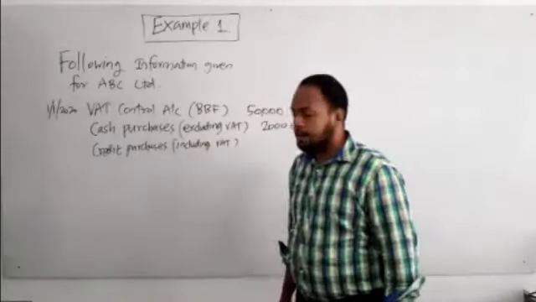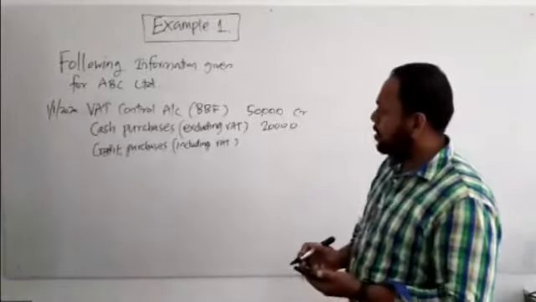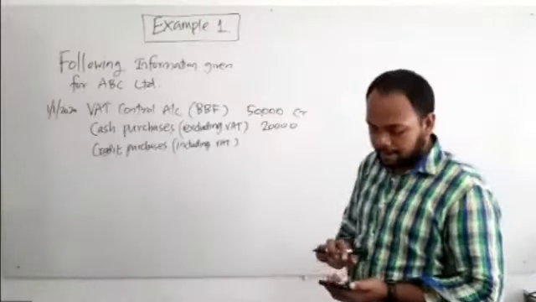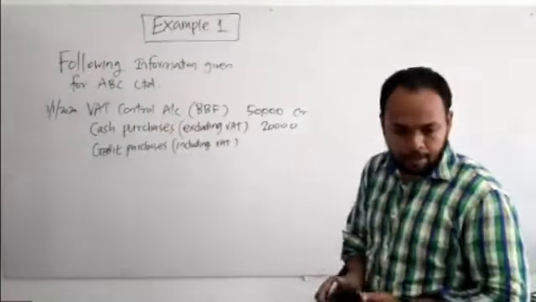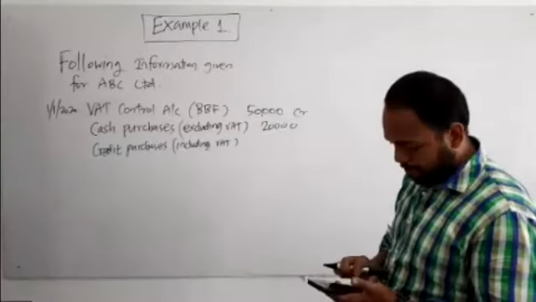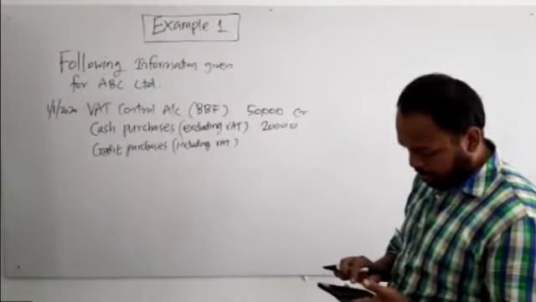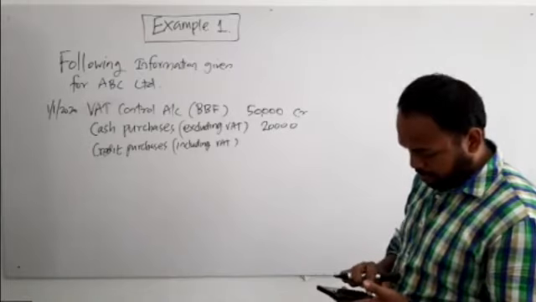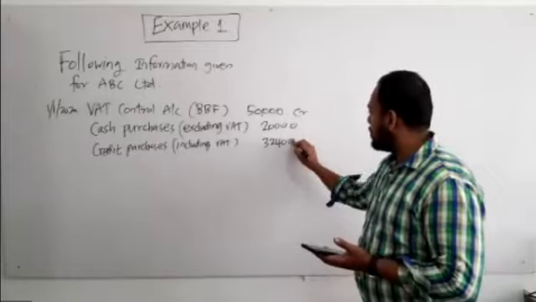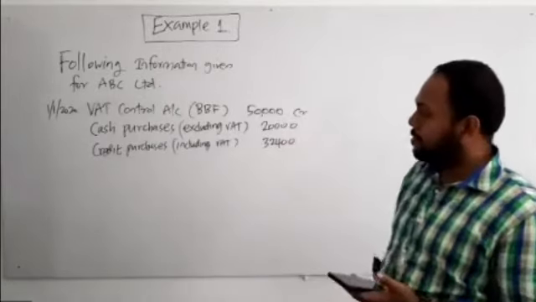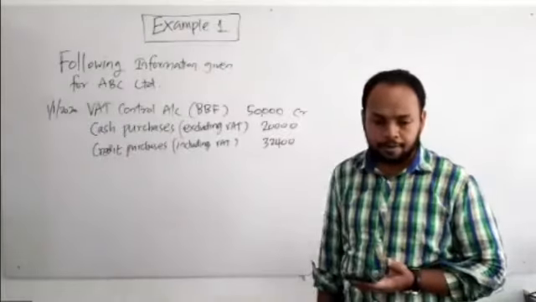Then the third one, credit purchases including VAT, 32,400.